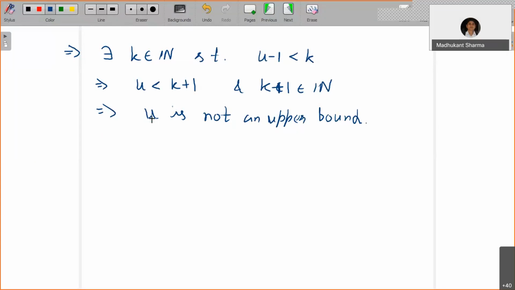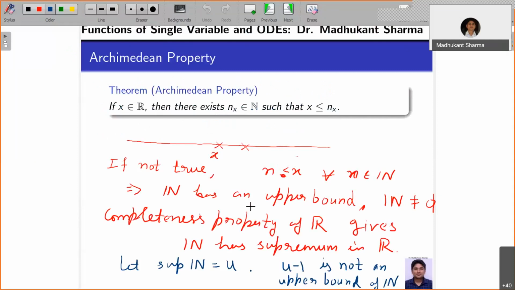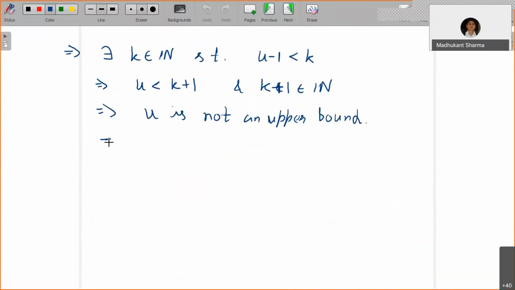So u is no more an upper bound. So this will lead to a contradiction that N has an upper bound. But this only happens when you have assumed that it is not true. So what it gives you is our assumption was wrong.